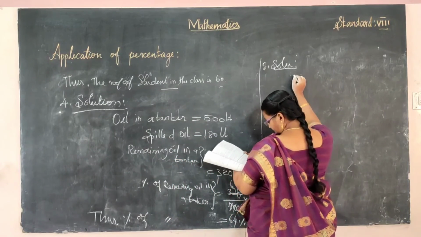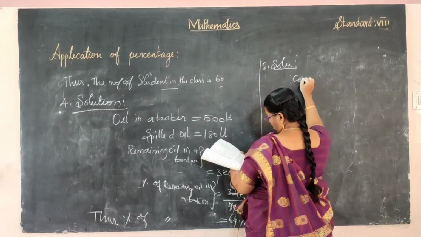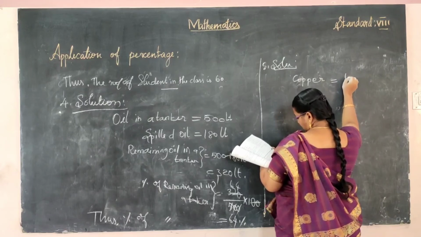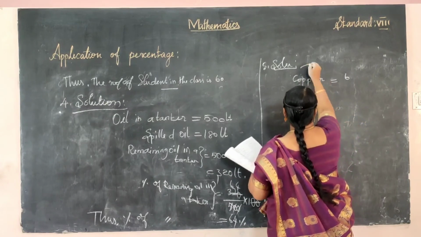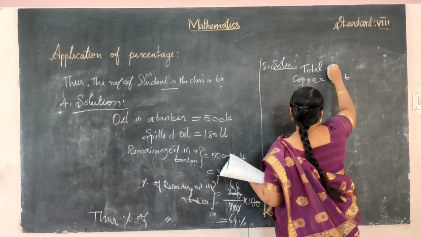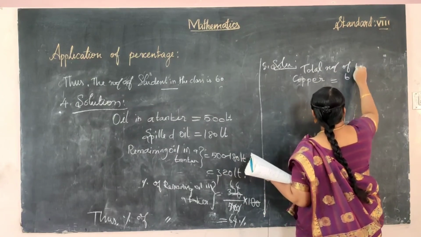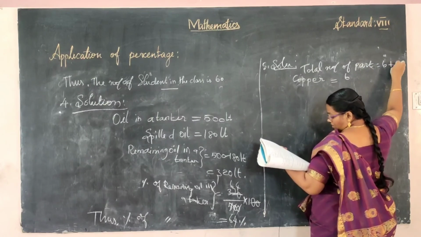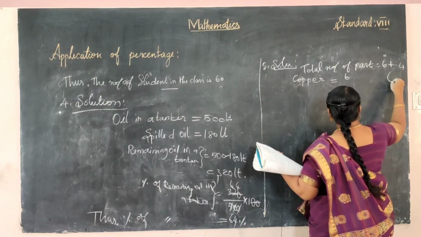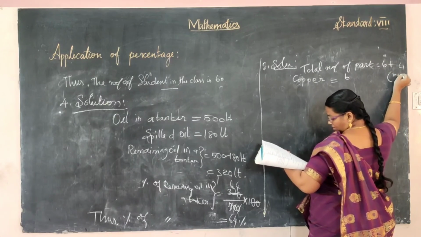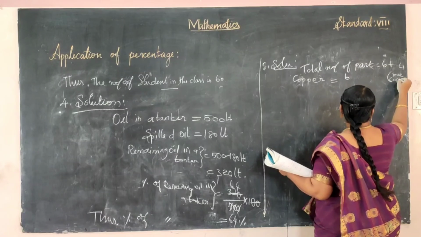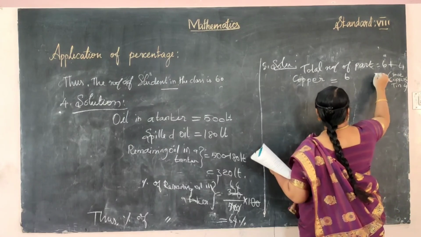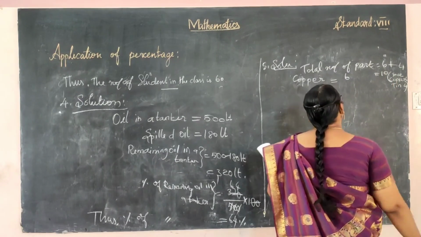So copper is equal to 6 parts. The total number of parts is equal to 6 plus 4, so the total number of parts is 10.